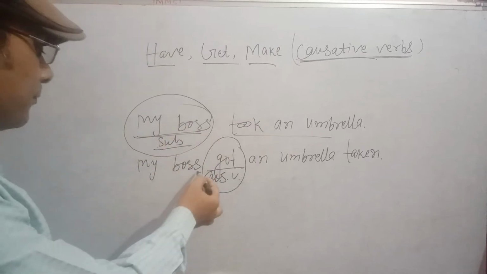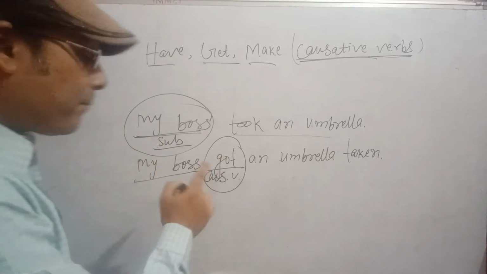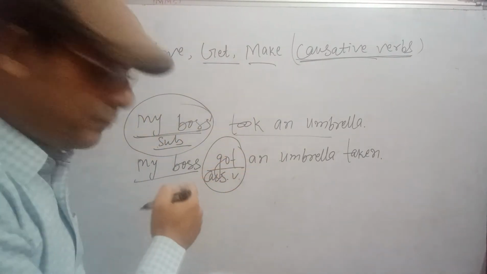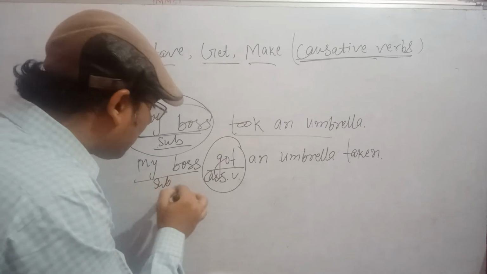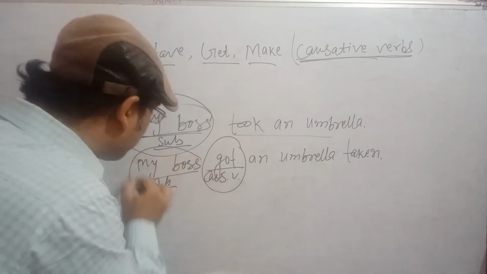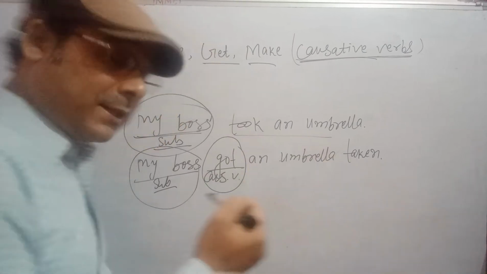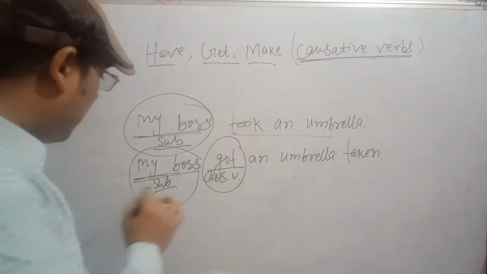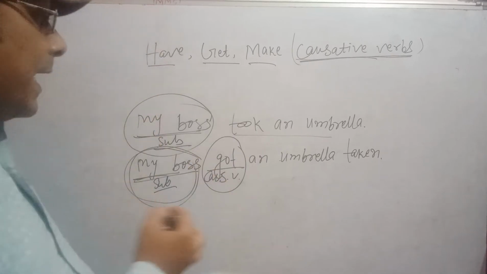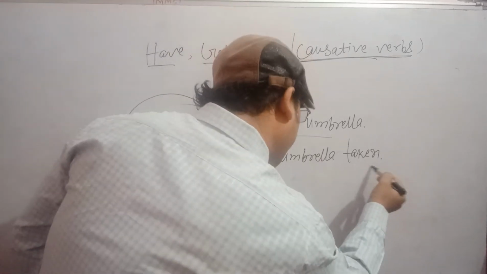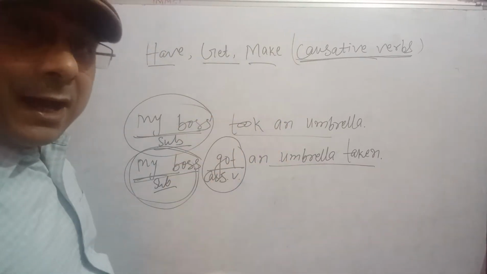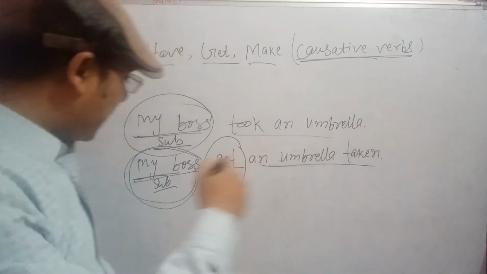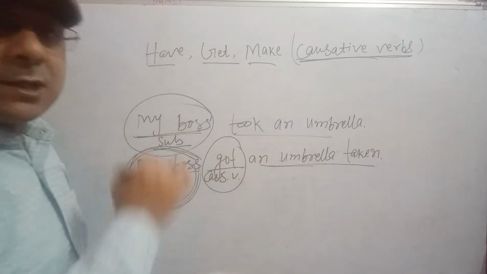But in the other sentence, my boss has not done the work. This subject has someone else who worked for him. It means to take an umbrella, this work happened by someone else, not by the subject.